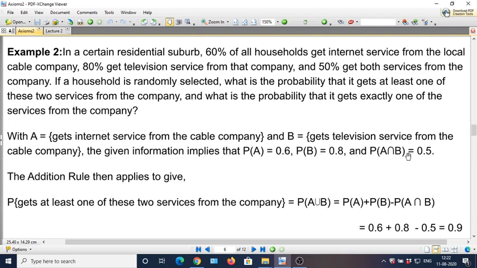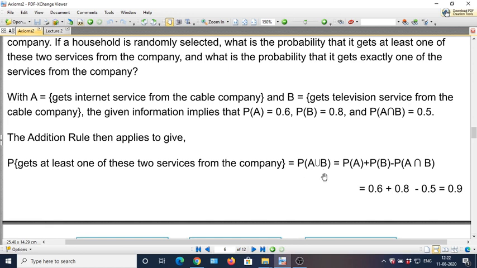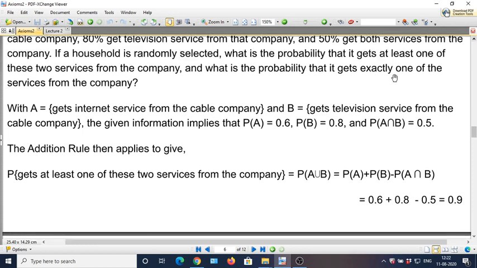Once we have these numbers, we can use the addition rule: P of A union B is P of A plus P of B minus P of A intersection B. That gives us 0.6 plus 0.8 minus 0.5, that is 0.9. So this is at least one service.